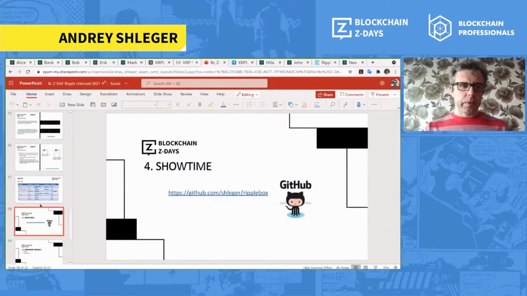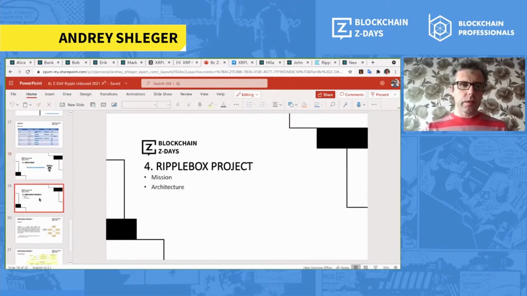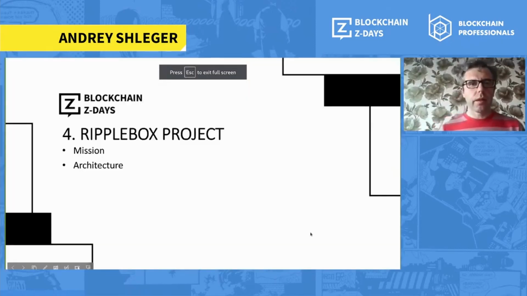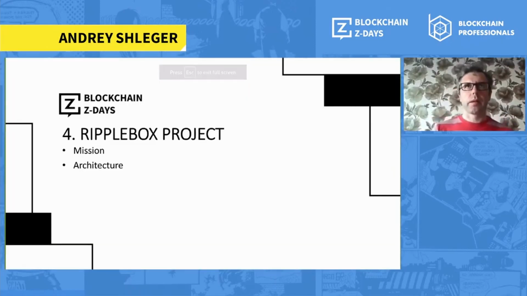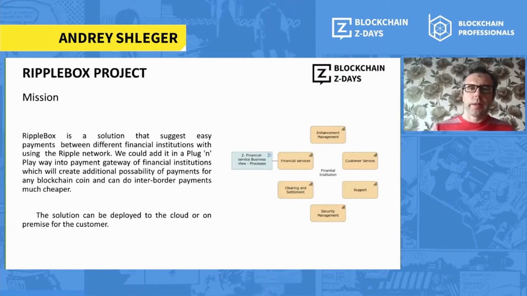And returning to this idea, I'd like to suggest that it could be created as a plug-and-play project. You could create some additional layer of financial interaction with some bank or some e-commerce company.